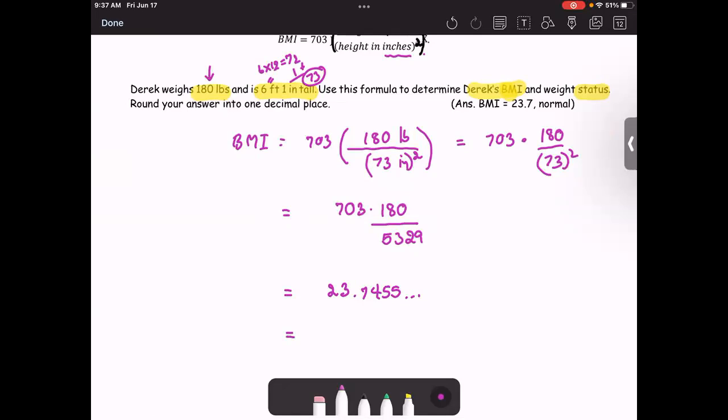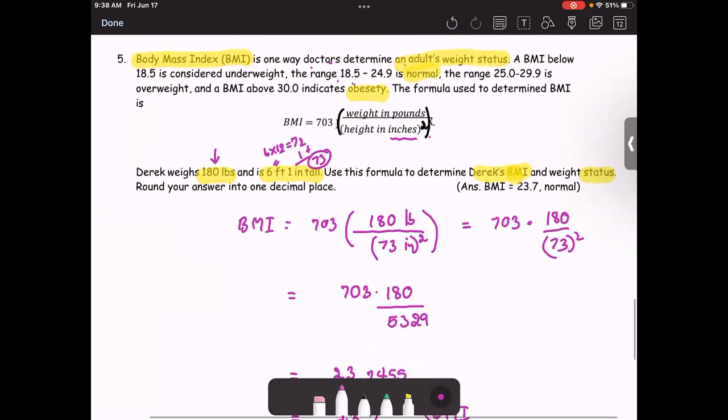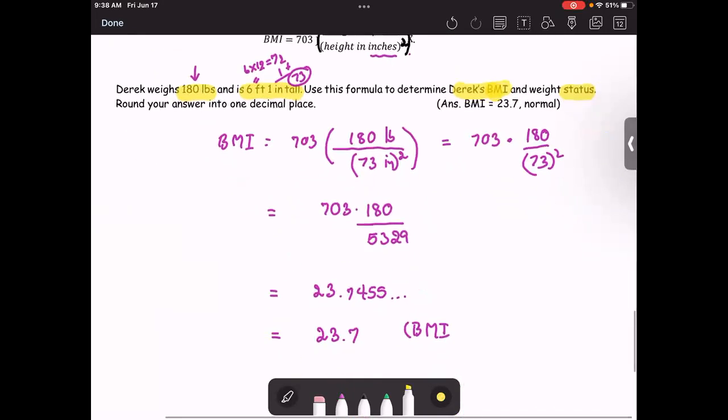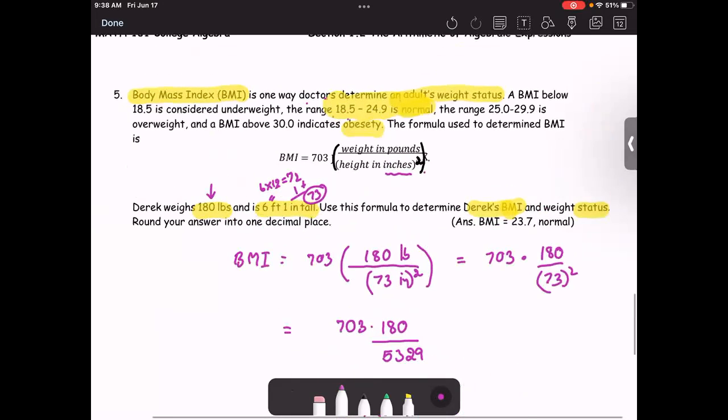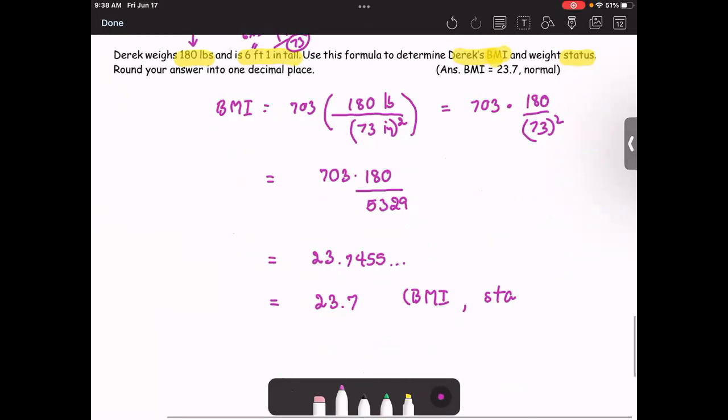Therefore, the final answer will be 23.7 as the value of the BMI. And let's see, the number 23.7 is within the range of the normal BMI. So then we can say that Derek's weight status is normal.